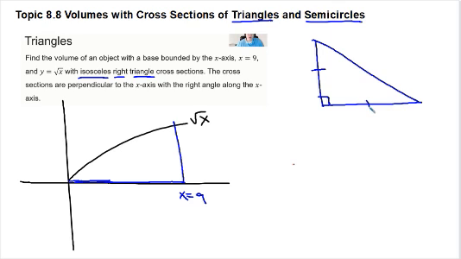And that's what we're slicing off. It's actually a little three-dimensional slice like that. And those, remember, they tell us that the cross sections are perpendicular to the x-axis with the right angle along the x-axis.